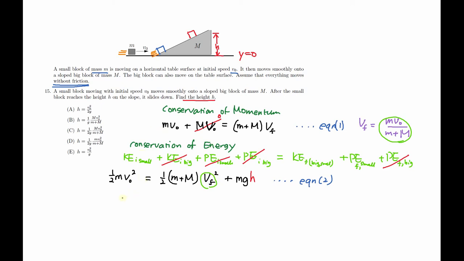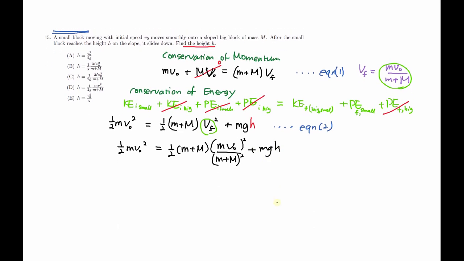So we have 1/2 m V0 squared plus 1/2 (m plus big M) times the quantity squared on both top and bottom, plus mgh. Notice how the m plus big M cancel out, but you can only cancel out the exponent, because you still retain m plus big M in the denominator, except it's not squared anymore.